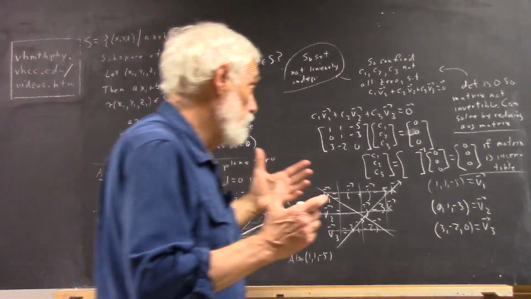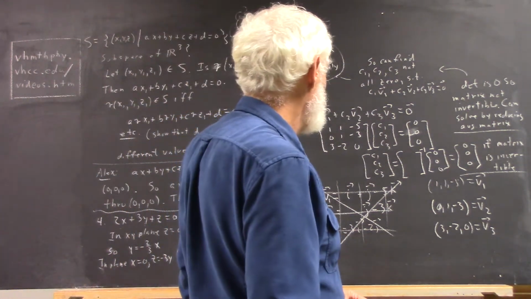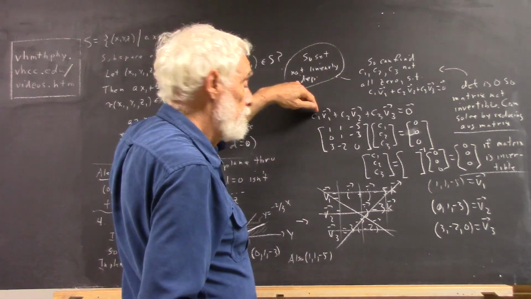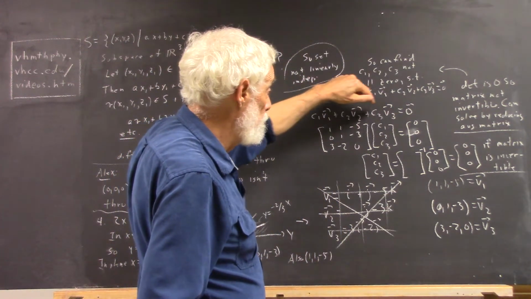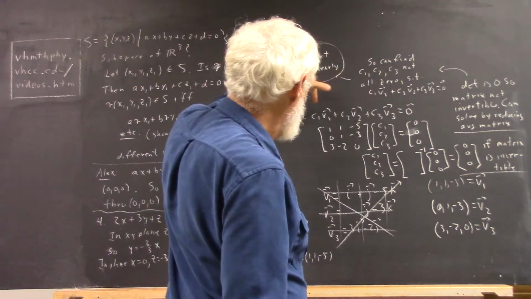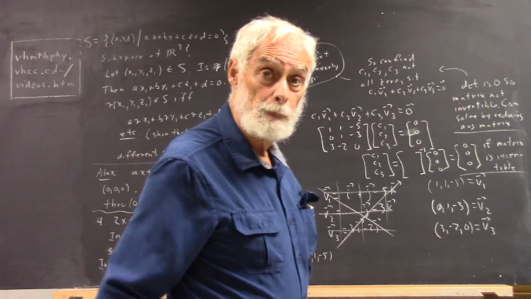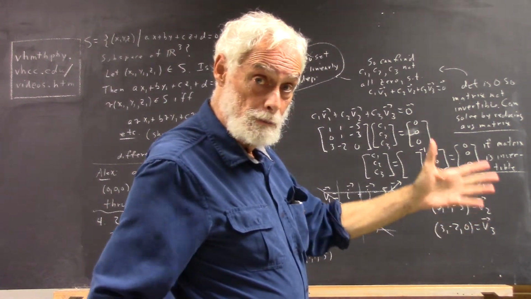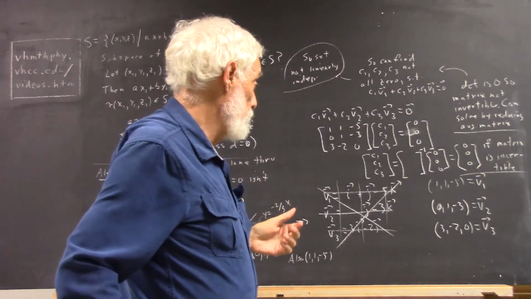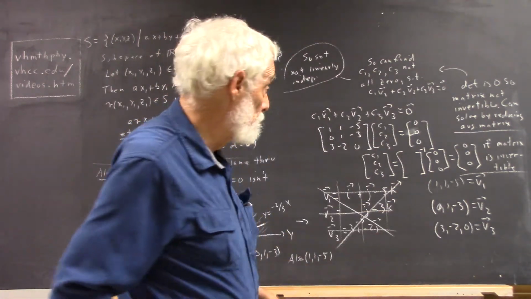The task on this problem now is to ask the question, can we get a non-trivial linear combination of v1, v2, v3 that's equal to 0? Now, we know that that's the test for linear independence, don't we? Okay, we talked about that previously, and it's, of course, one of the topics that we're moving through this week.